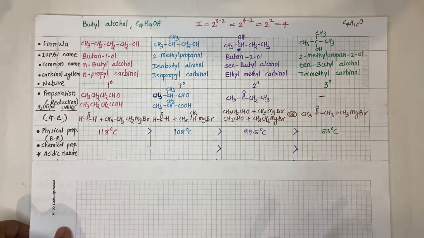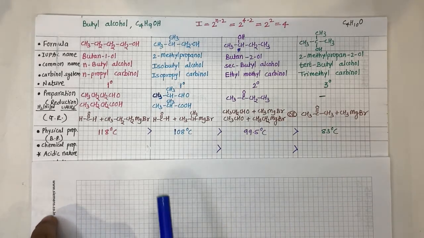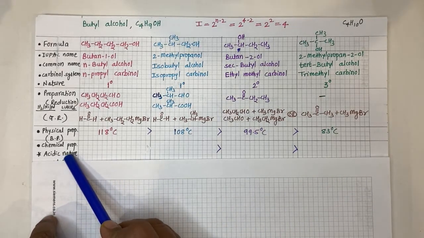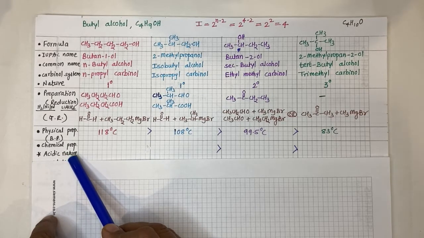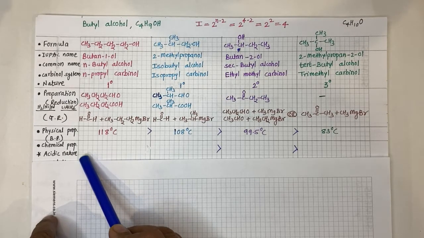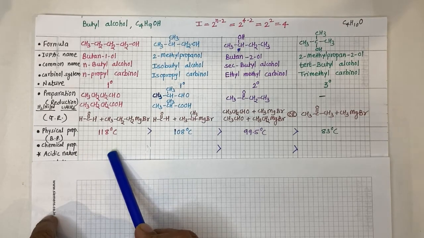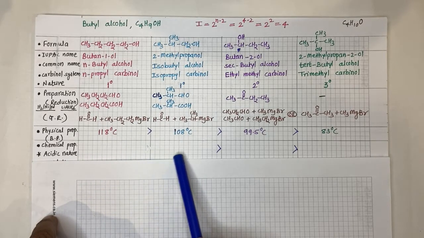Okay, now let us see some of the chemical properties in short. Here, acidic nature, in that, action of sodium metal. Now one more reaction, formation of ester, then reaction with Grignard reagent. Now in all these reactions, there is breaking of the OH bond, therefore the order of reactivity is in this order.